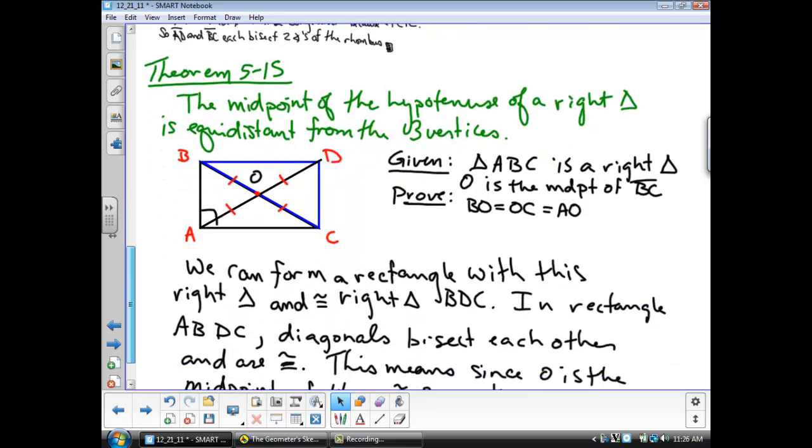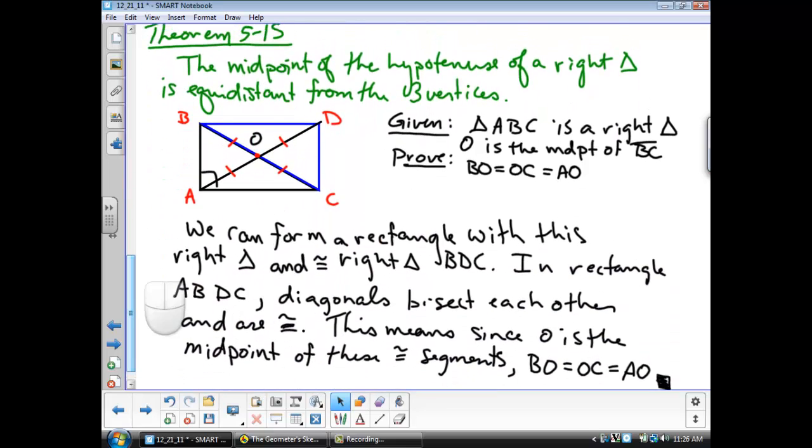Theorem 5.15 is where we were when we stopped. The midpoint of the hypotenuse of a right triangle is equidistant from the 3 vertices. And what we have here is a right triangle. If I can move the blue one off, you can see the right triangle. And what the blue one was is the same right triangle cloned and rotated and placed on top.